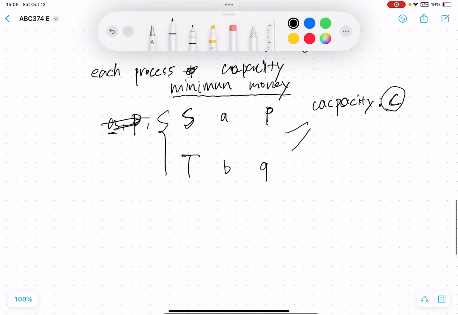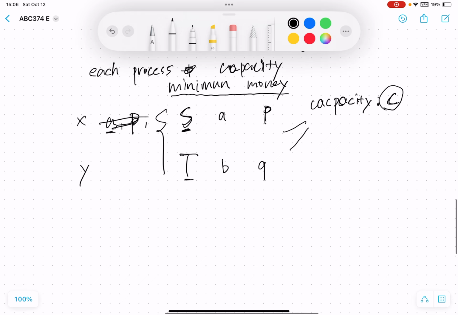That means, for example, we need to buy X machines S and Y machines T. That means we need to guarantee X times A plus Y times B is larger than or equal to capacity C, and make P times X plus Q times Y minimum.